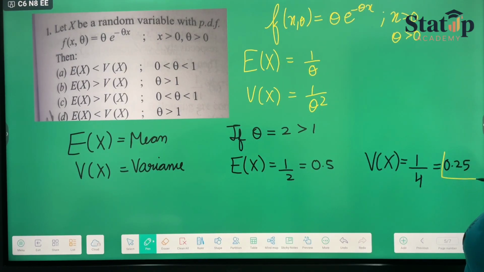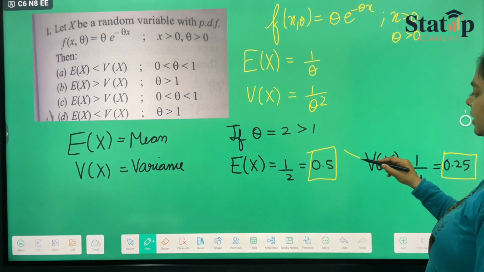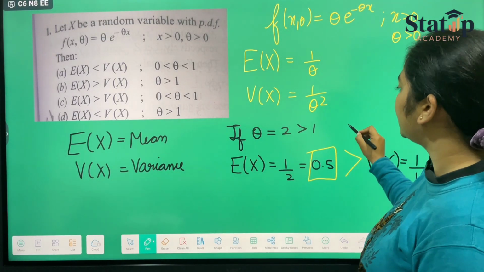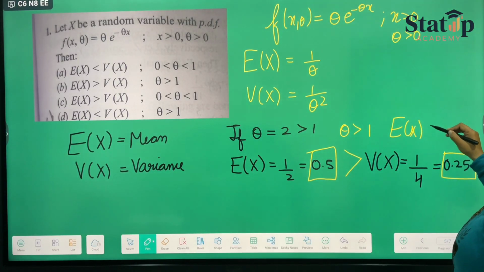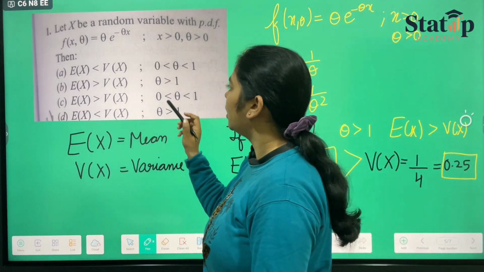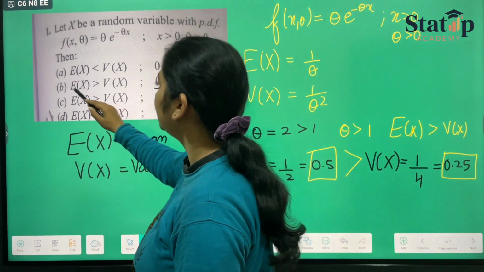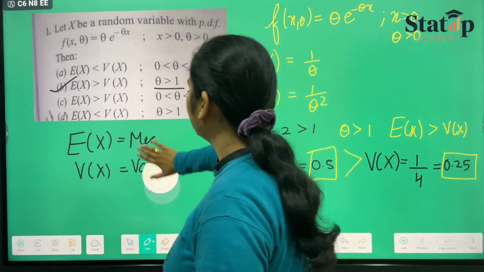Clearly from these two we can see that expectation of x is greater than variance of x. So for theta greater than 1, the expectation or mean of x is greater than the variance of x.